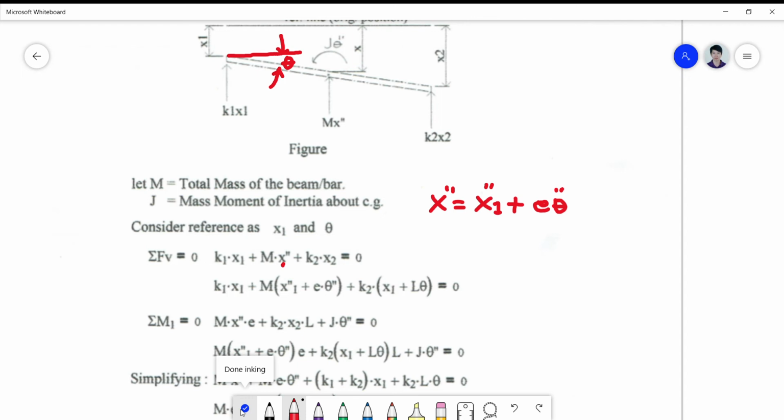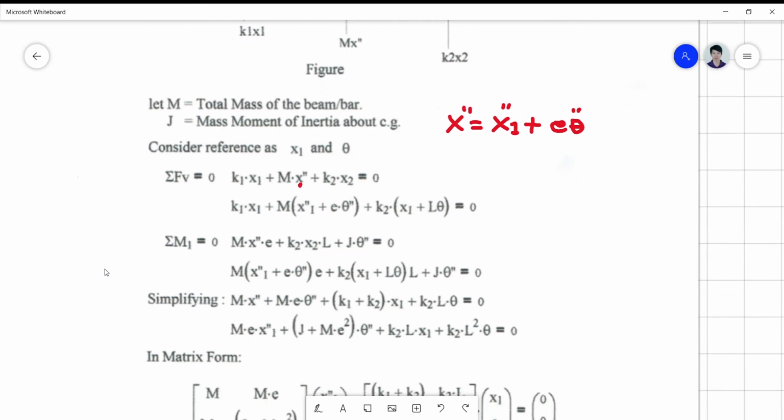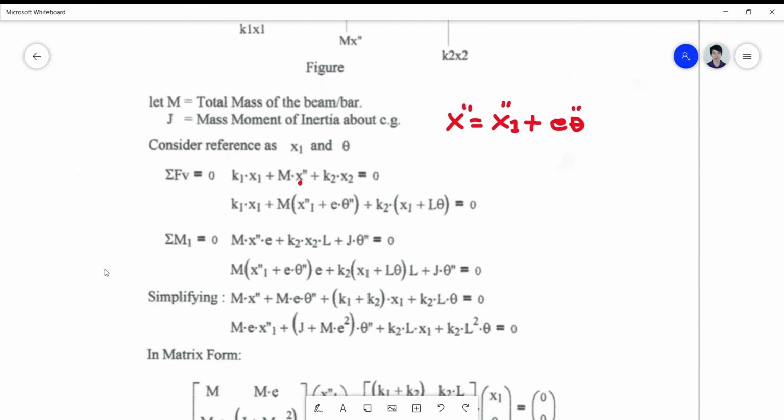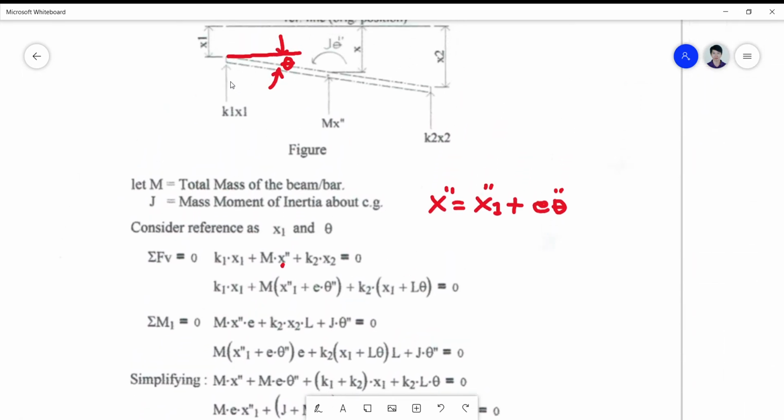Your coordinate, which is normally a translational coordinate, is now converted into a coordinate which is the displacement of the left support, and the theta coordinate, which is the rotational displacement based on this left support here.